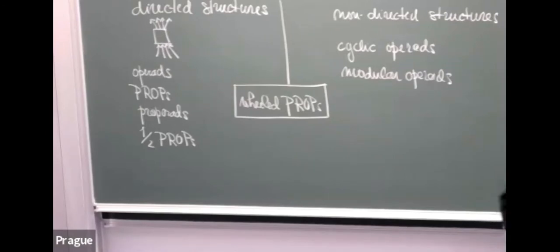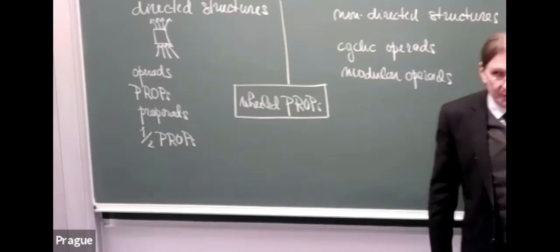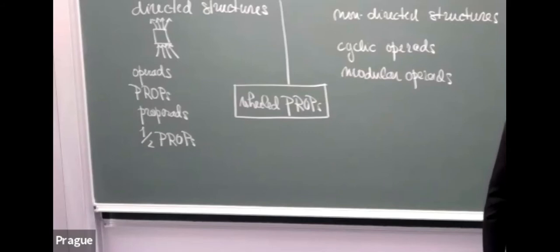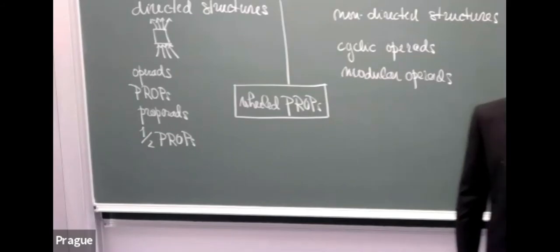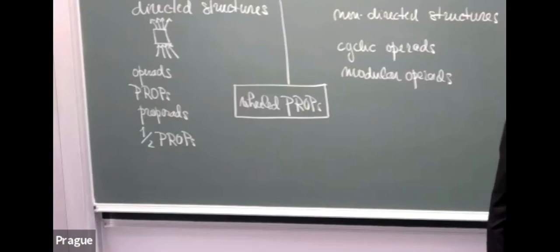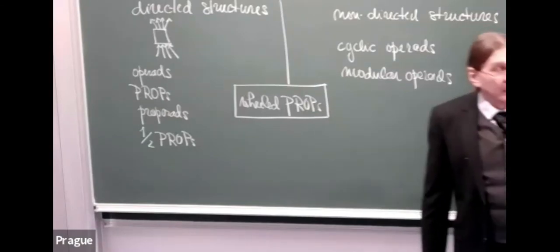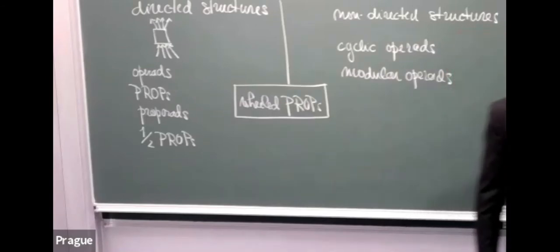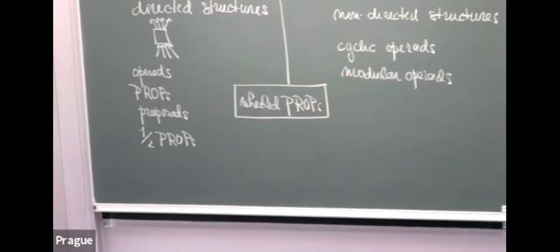So maybe I may also mention a couple of other approaches to generalizing operads. There is an approach by Borisov and Manin, which was generalized later on by Kaufmann and Ward, and it got the name of Feynman categories, which is actually kind of equivalent to the approach based on colored operads.